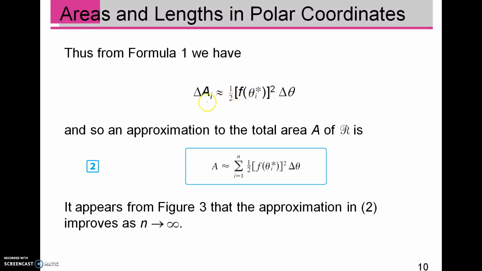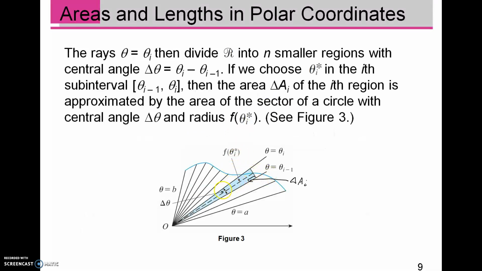And what we have then is every delta A sub i is about 1/2 r squared, this function of theta i star squared, delta theta. So again, here's your delta theta. Your f of theta i is here.